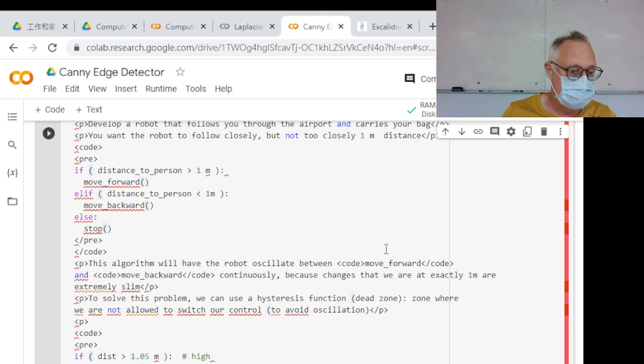Else, if the distance is greater than 1 meter and the previous command is move forward, then that's also okay. Then I move forward. And else we stop.